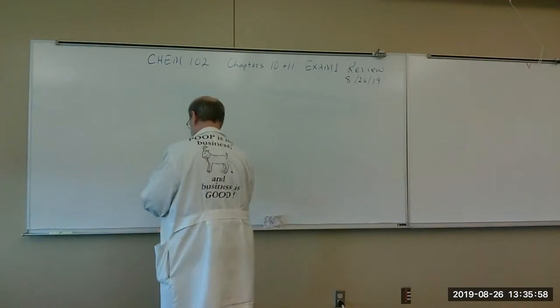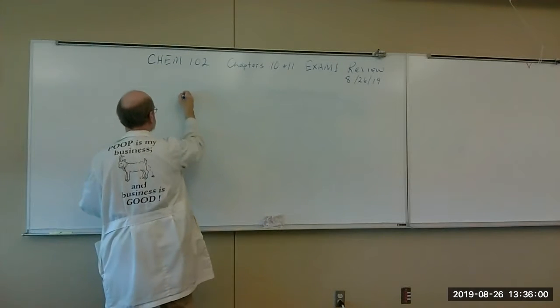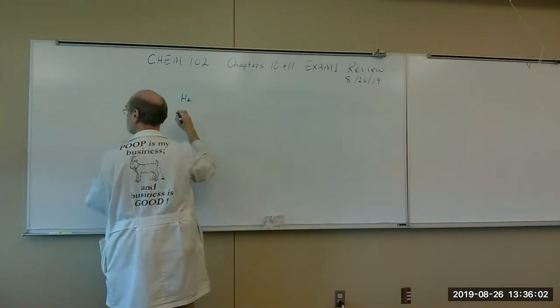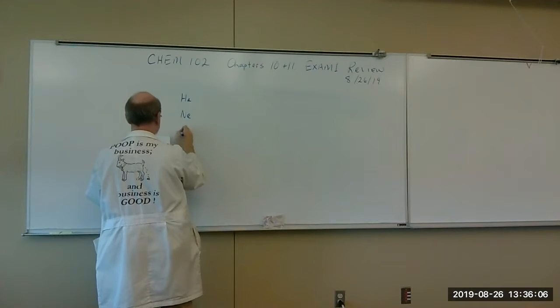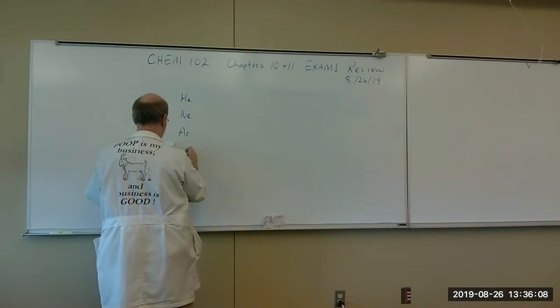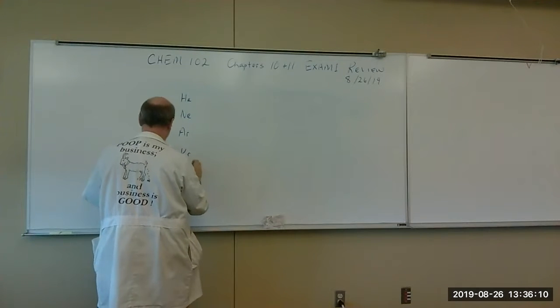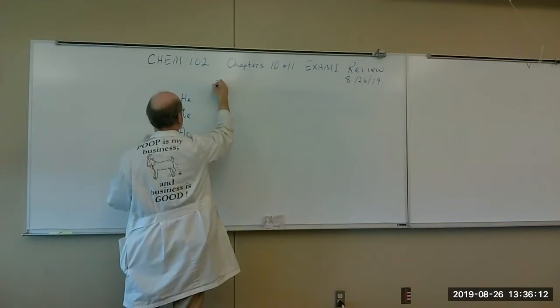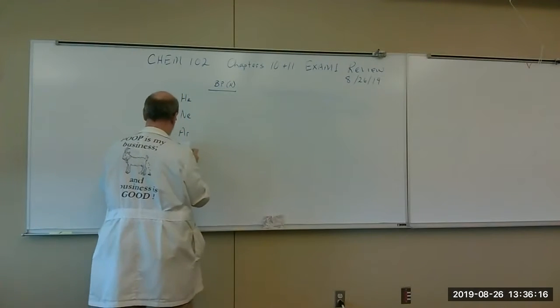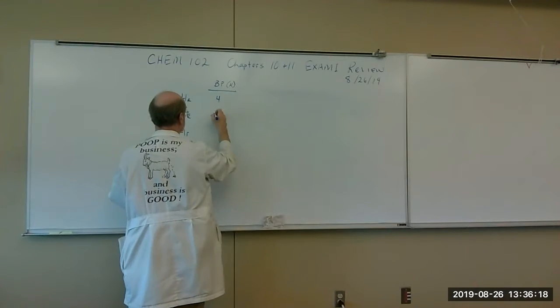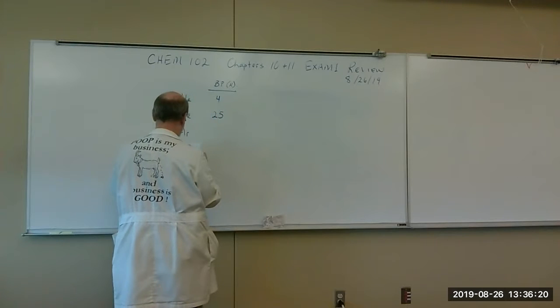So if you see this table, where we have these elements, the noble gases. And then over here, we have the boiling points in Kelvin. These are actual values.